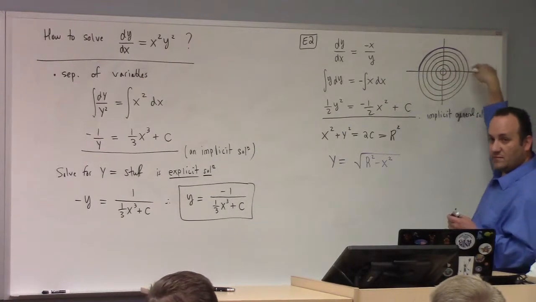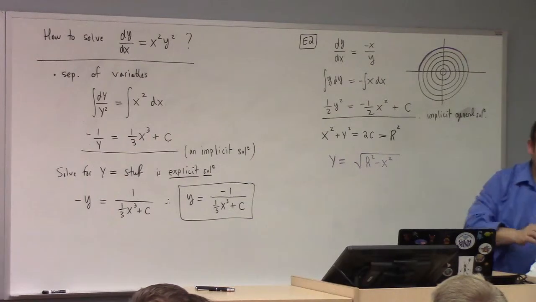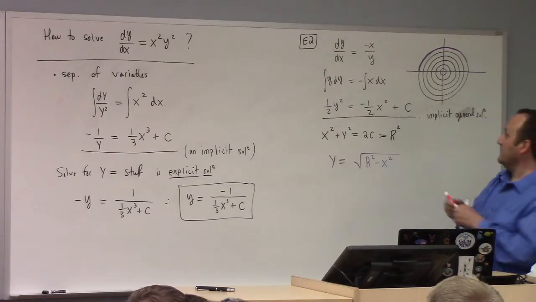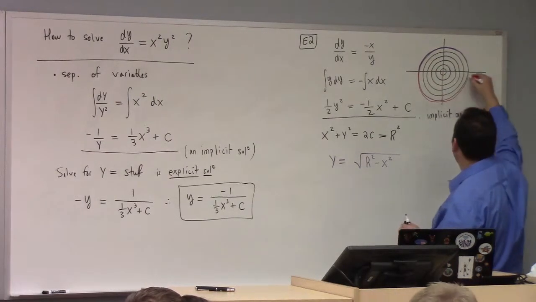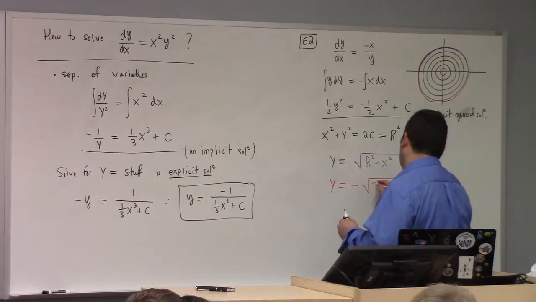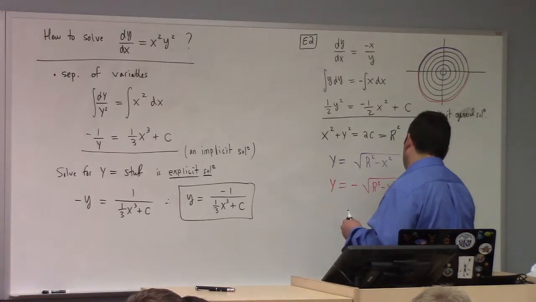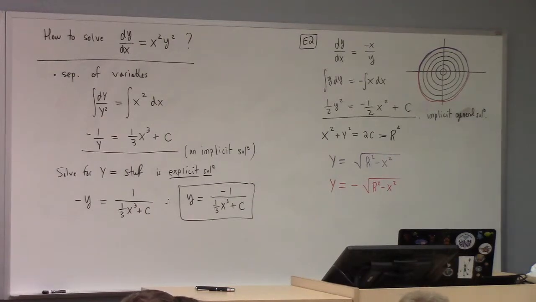Upper halves, if you like, of the circle, or if you wanted to find the explicit solution down here, that would be minus the square root of r squared minus x squared, right? But the implicit solution contains both cases at once, right?